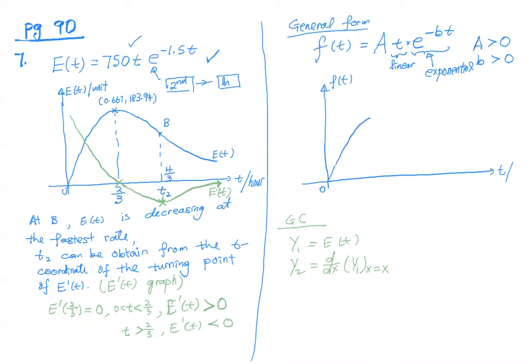You will definitely have this shape of graph, and the x coordinate of the stationary point is always 1/b. So in our case here, this is our b. So is it correct? 1/1.5, isn't it 2/3?